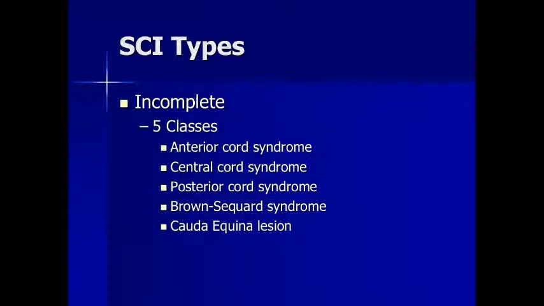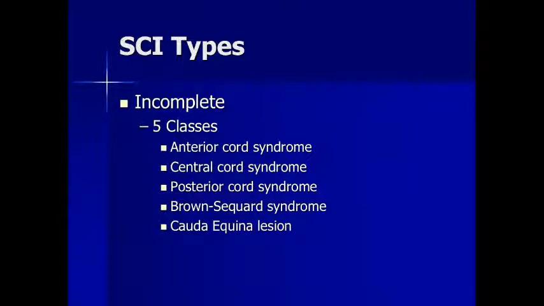Anterior cord syndrome is the first one. It is usually damage to the front of the spinal cord. It usually results in impaired temperature, touch, and pain sensation below the injury. Some movement may be recovered. The second class is central cord syndrome.